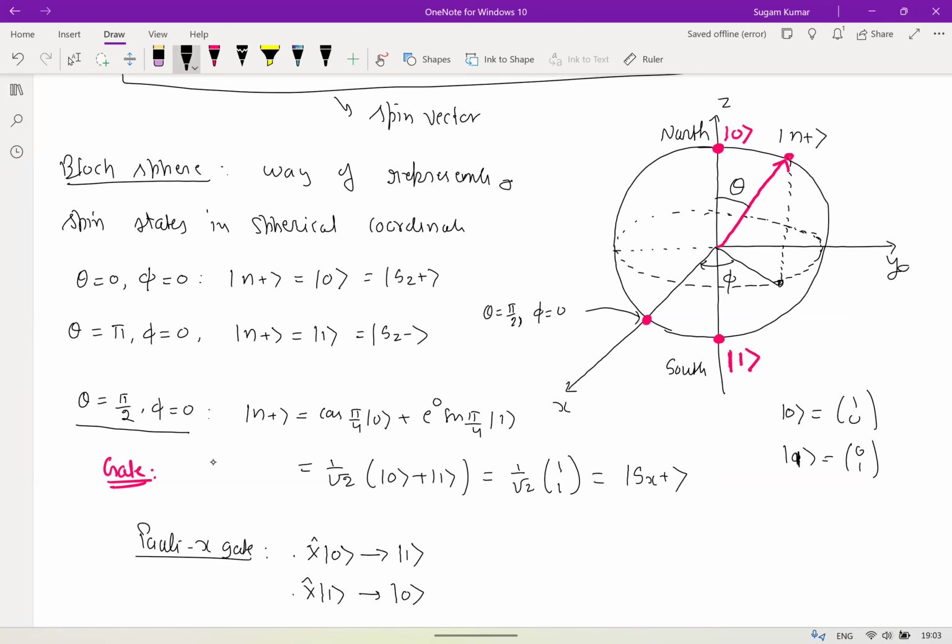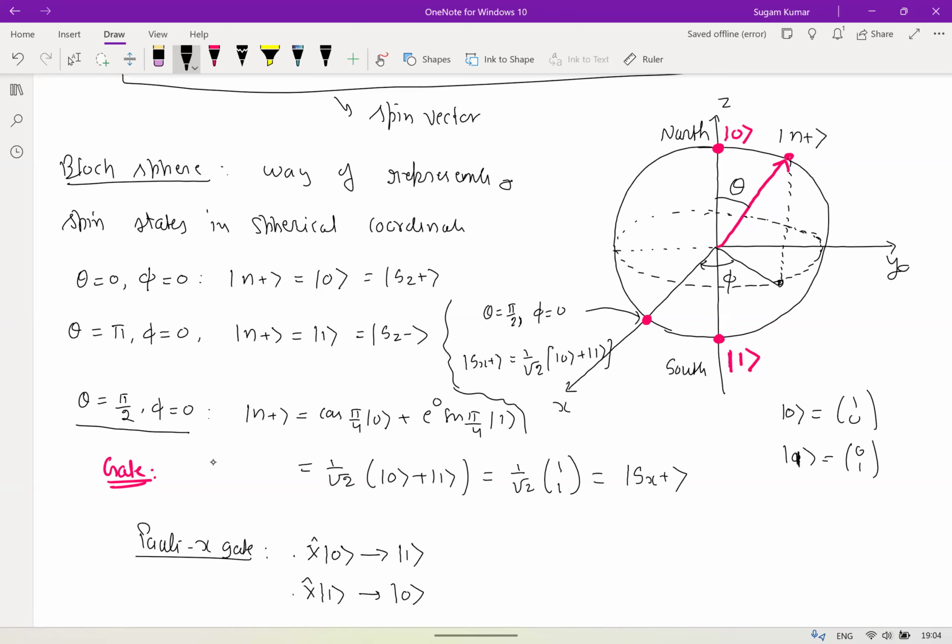And this is nothing but |Sx plus>, and this is nothing but 1 by root 2 times 0 and 1. So you can see that.